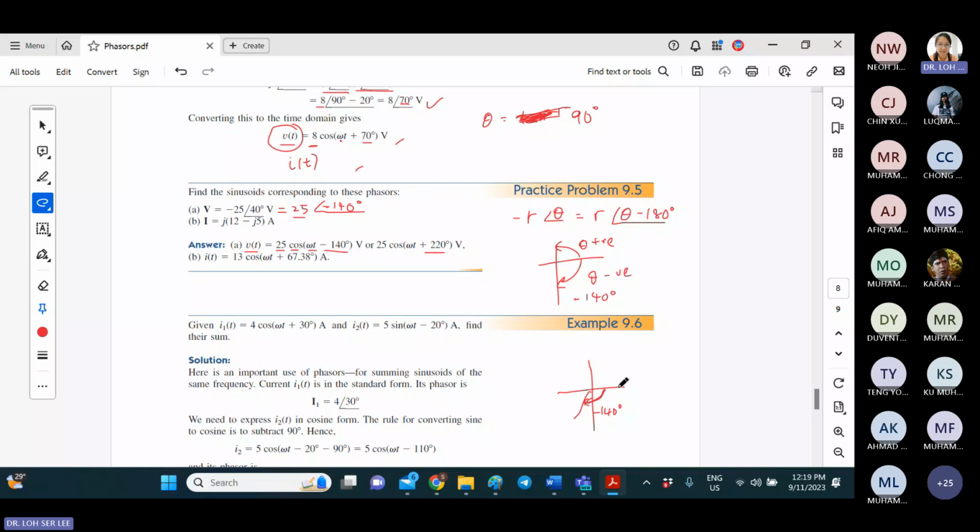This is equal to 360 minus 140, right? 360 minus 140, you get 220. That's why you see this is also accepted: negative 140 or plus 220, as long as this is positive. Any questions?